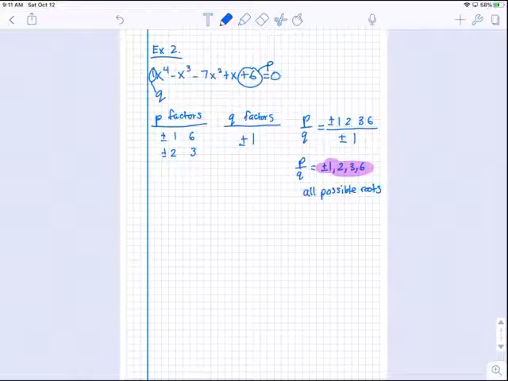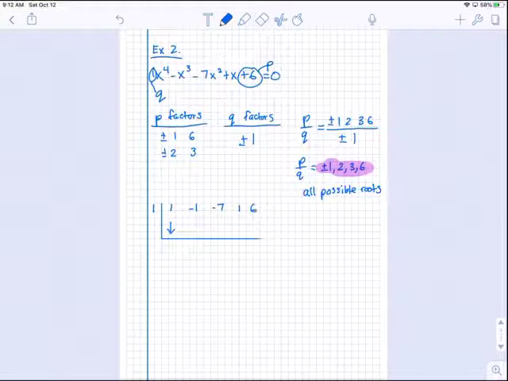Alright, so synthetic division time. I got 1, -1, -7, 1, and 6. So now we have to guess. Well, I always like to start small, so let's just guess 1 for now. I picked 1 because 1 is a possible root, and I just decided to pick 1.